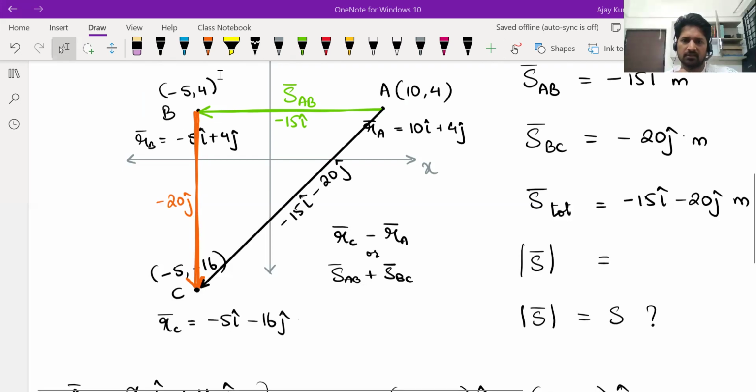Yeah, Saket, your answer is correct. Vanilla, your answer is also correct. One correct.